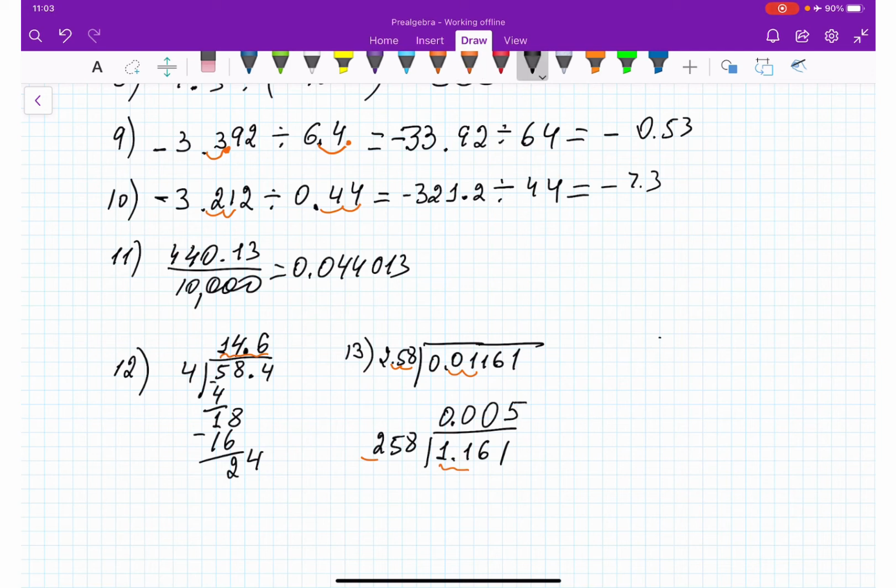If it's too much, then we can always reduce to 4. 5 times 8, 40. 4 in mind. 5 times 5, 25. And 4, 29. 2 in mind. 5 times 2 is 10. And 2, 12. Okay, so it's getting too much. Therefore, I am going down. Instead of 5, I'm taking 4.